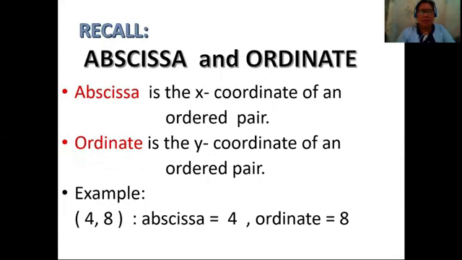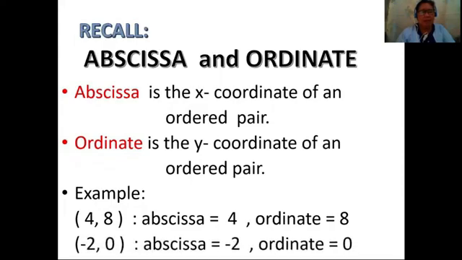The abscissa is 4 and the ordinate is 8. And this ordered pair with coordinates -2 and 0, the abscissa is -2 and the ordinate is 0.